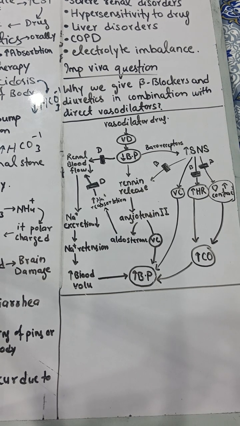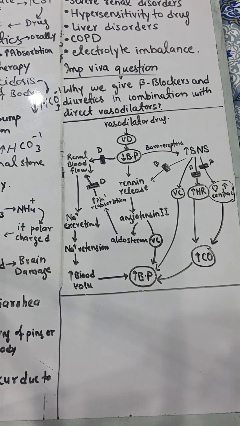So that's why this is a complementary system present inside your body, which plays an important role in regulating why, whenever you give a vasodilator, your blood pressure increases, and how it is doing that. Now we will discuss what the beta blockers and the diuretics do in that process.